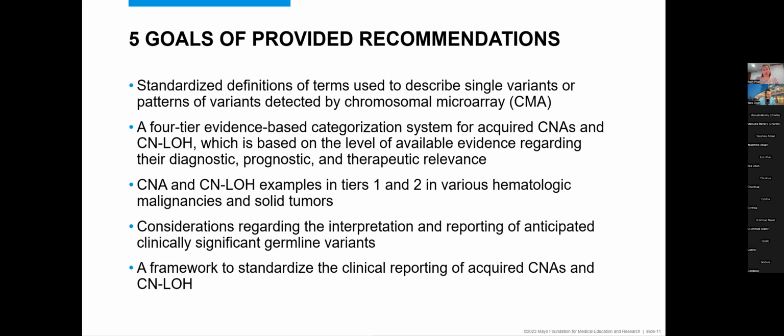Other times we're more or less using the tools that we have at hand to make our best guess at what might be germline. And then finally, this group attempted to create a framework to standardize the clinical reporting of acquired copy number alterations and loss of heterozygosity.